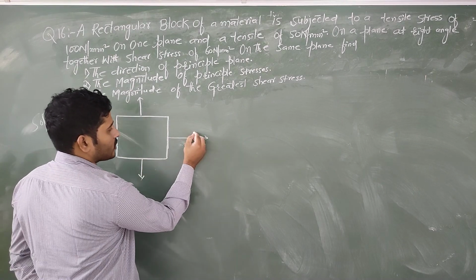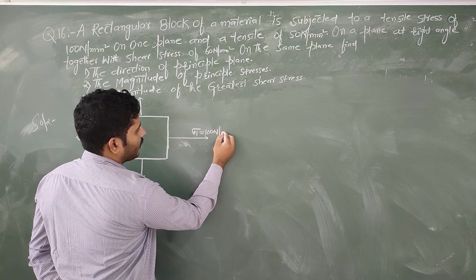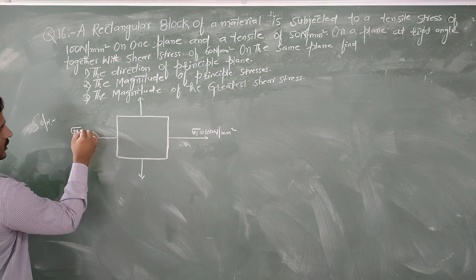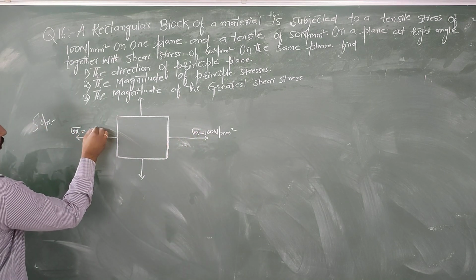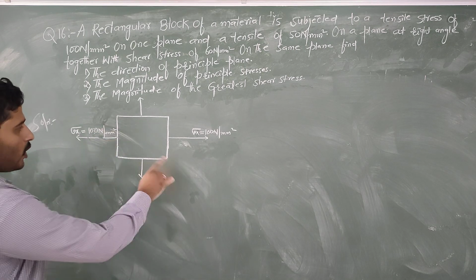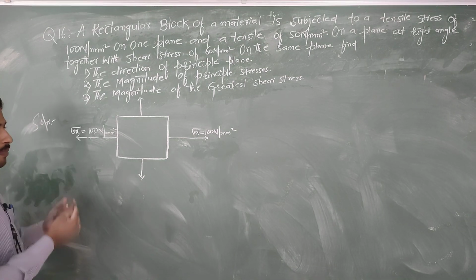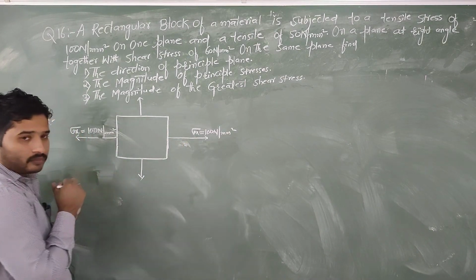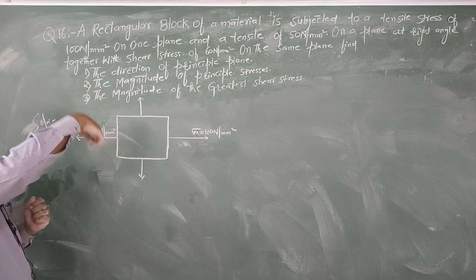The first stress, sigma 1, equal to 100 N/mm², or we can say sigma x, equal to 100 N/mm² on one of the planes, maybe x or y. But always remember one thing: the maximum principal stress always acts in the x direction and the minimum stress acts in the y direction.